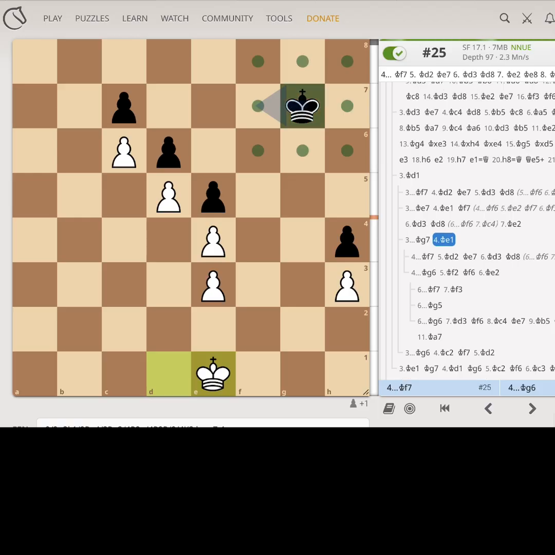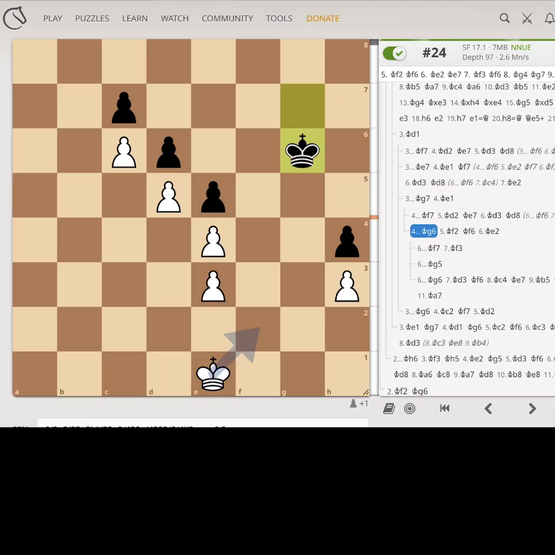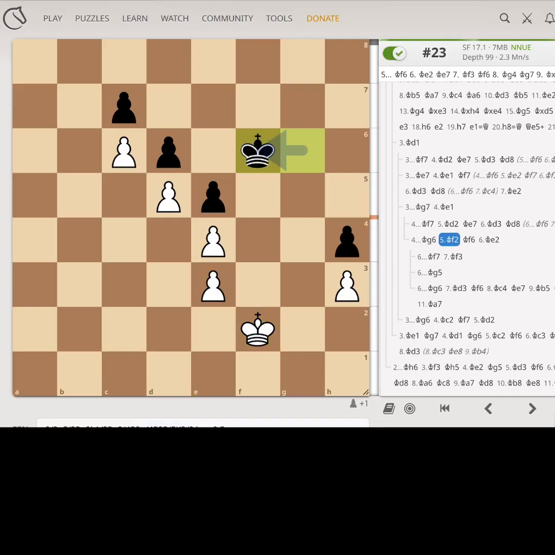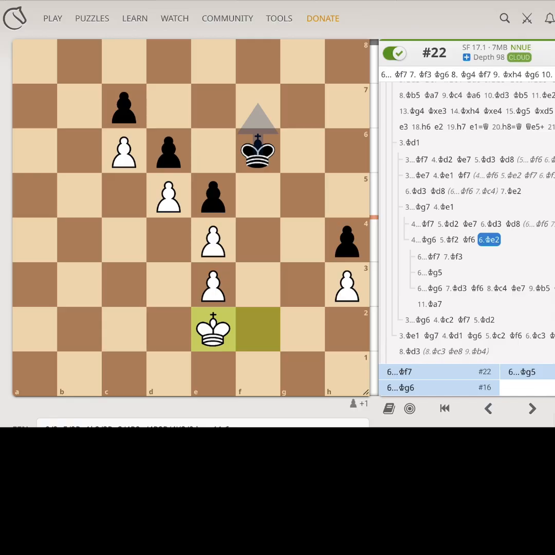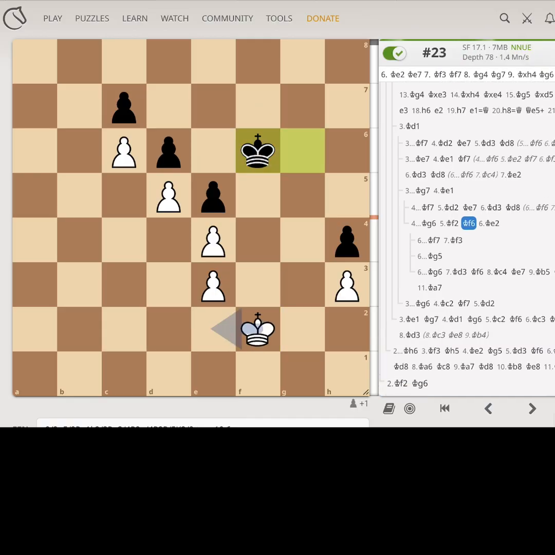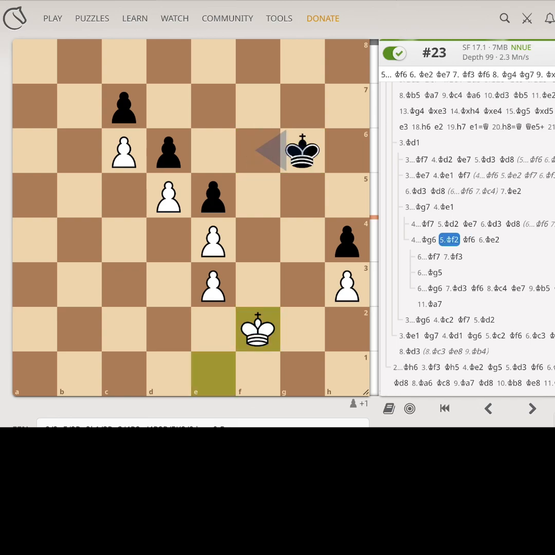If black chooses 7, white also chooses 7, and then black again has a choice to move on 2, and then white moves on 2, or black can move on 1, and then white also moves on 1.